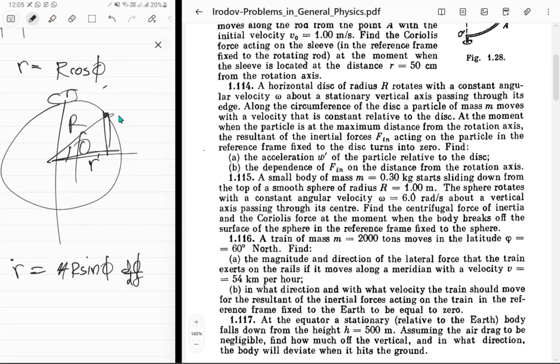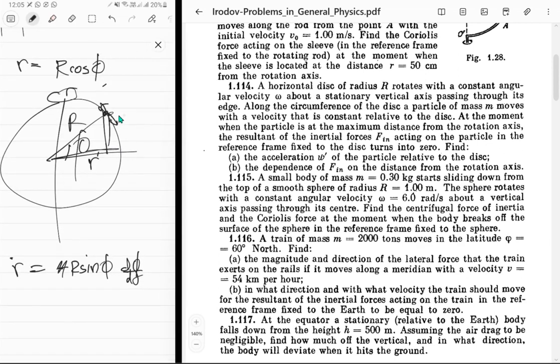The thing is going either up or down. Oh wait, you also want the direction of the force. Okay, this is bad. It's along t hat, because if it's rotating like that, then the tangential vector is like that. So negative t hat is where it is, along this direction.